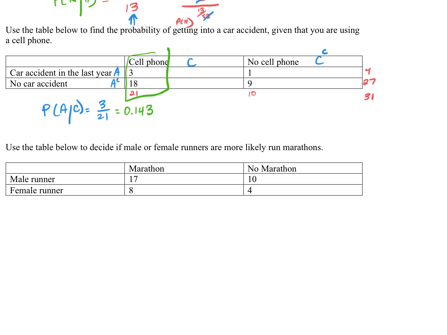You guys, what about the other way around? What is the probability you get into an accident given that you weren't on a cell phone? 1 out of 10. I don't need help with that one. Is that a big difference? 14% versus 10%?